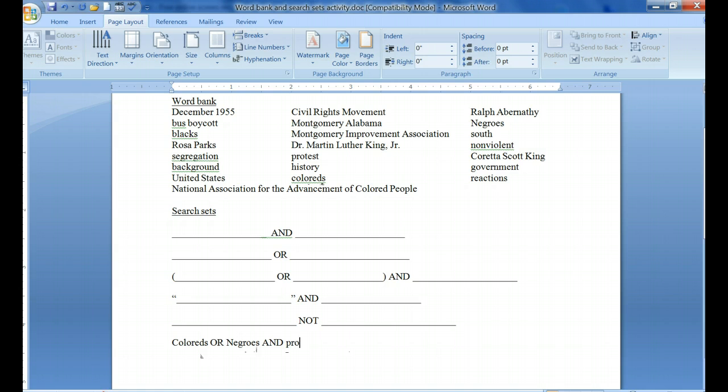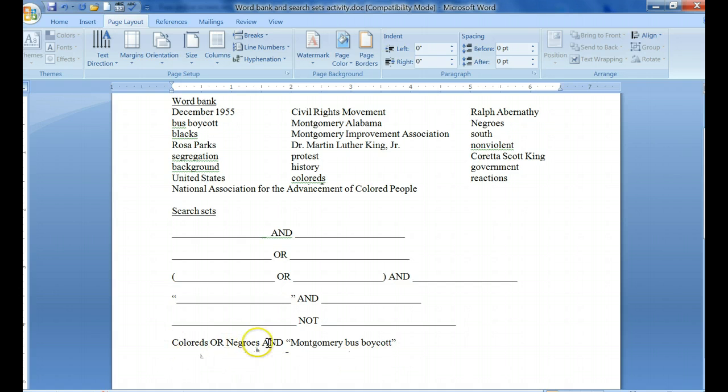If we put protest down here, it's going to give us a lot of things that don't have anything to do with the Montgomery bus boycott. I think our best bet is to do this: Montgomery bus boycott, make it a unit search term, and I think that's a good search term to use.